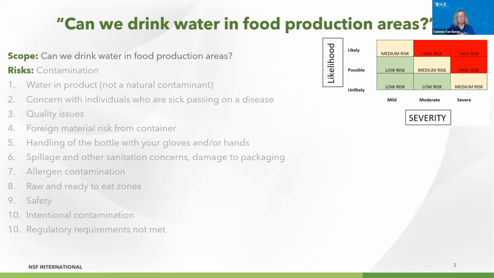Then we also talked about intentional contamination. Not everybody would be doing the right thing and just drinking water there, so maybe there is some intentional contamination that needs to be considered. And then regulatory requirements: is there anything in regulatory that would put us at risk if we were to implement this? So we had quite the extensive list.